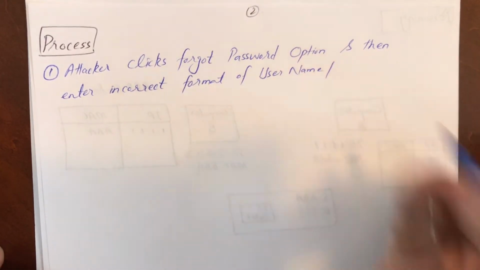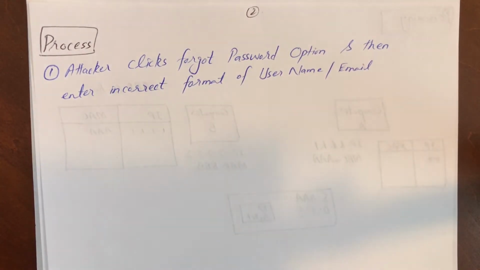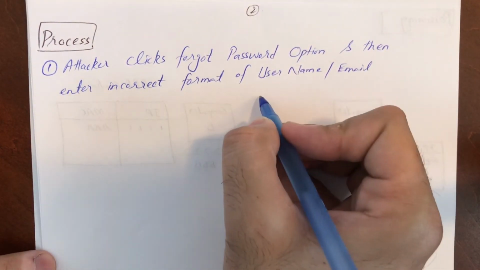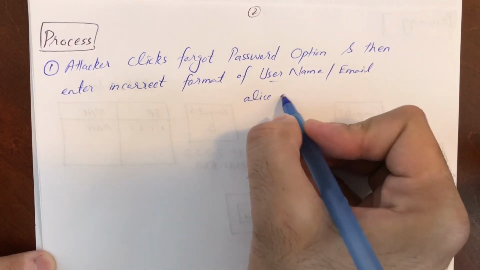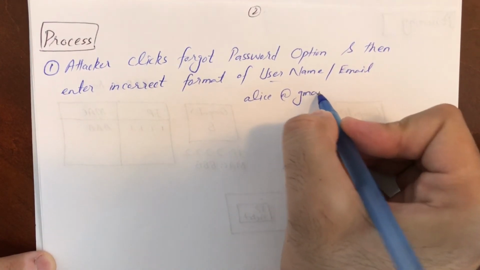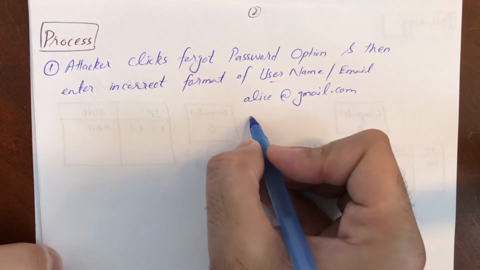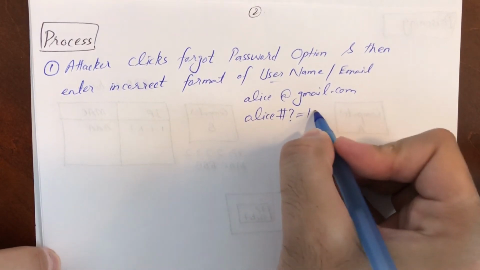For example, whatever is asked, username or email, in the case of Gmail, let's say the original format of the username could be alice@gmail.com. So rather than putting alice@gmail.com, they can put something like Alice#?=10, something like that.